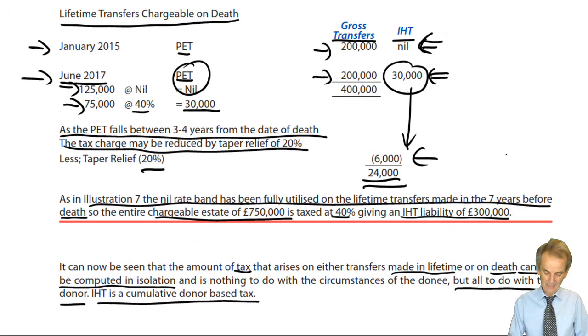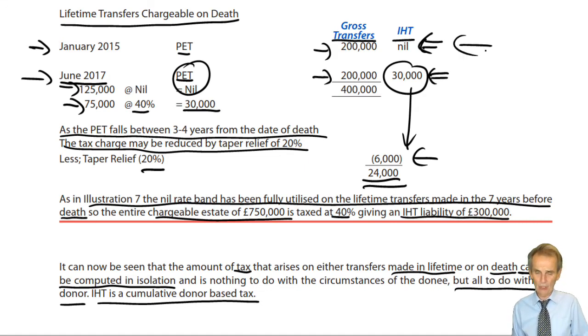Once again, in that example, there were two PETs, both constituting a gross chargeable transfer value of £200,000, but because of the chronological order in which we apply our nil rate band, it meant that the first beneficiary of the first PET in January 15 paid no tax.